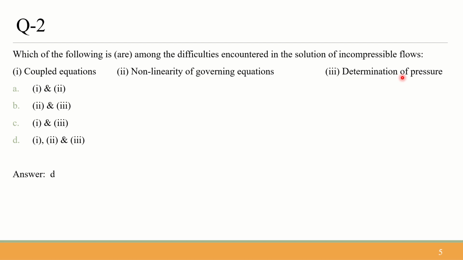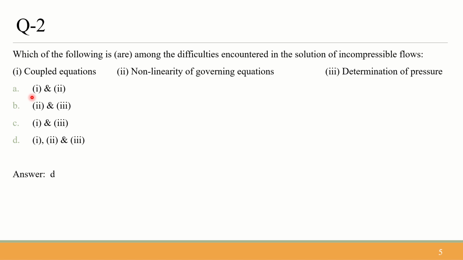So from these options, all three are among the difficulties encountered while solving incompressible flows. Here we need to understand we are solving for incompressible flow solutions. So all three options are right, and let us now look at the choices.